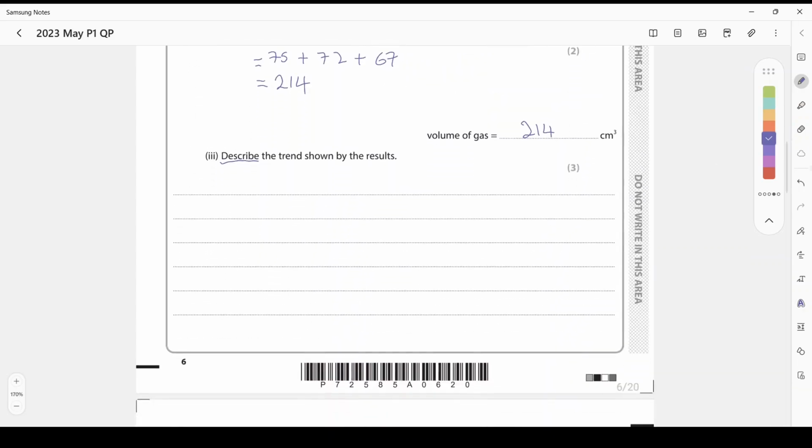We can say, at the beginning of the reaction, the largest volume of gas was produced.